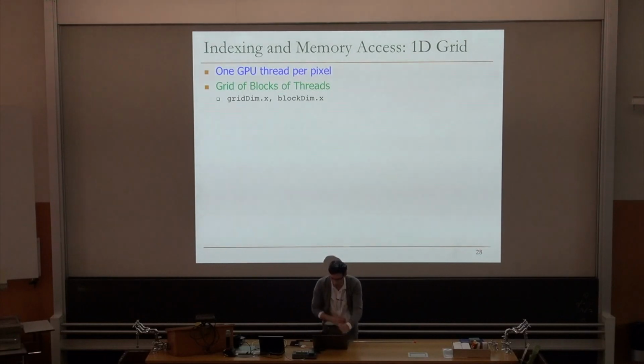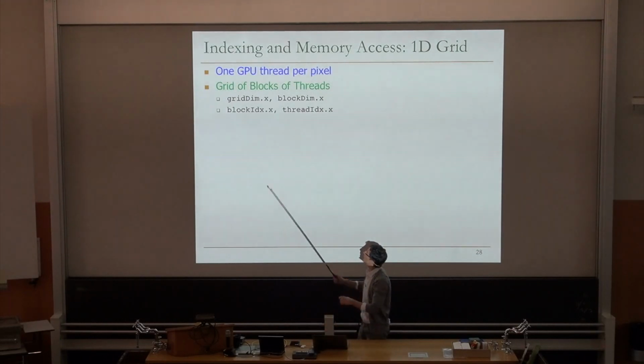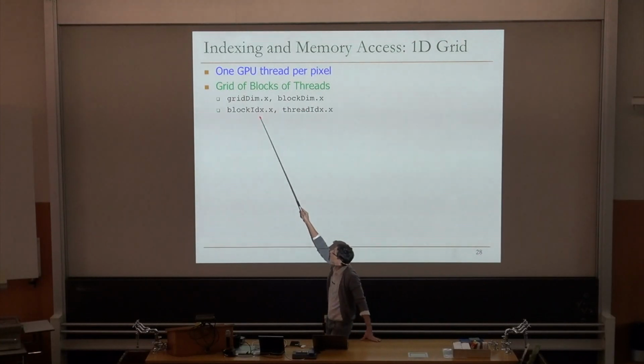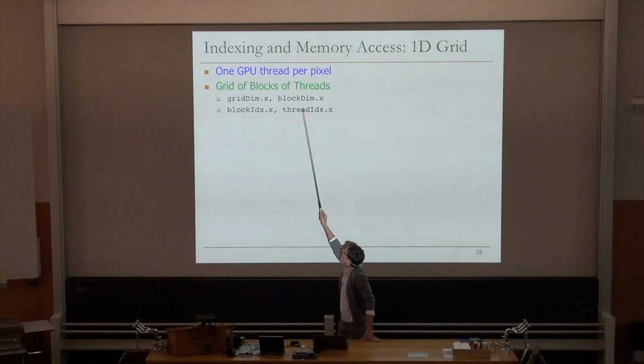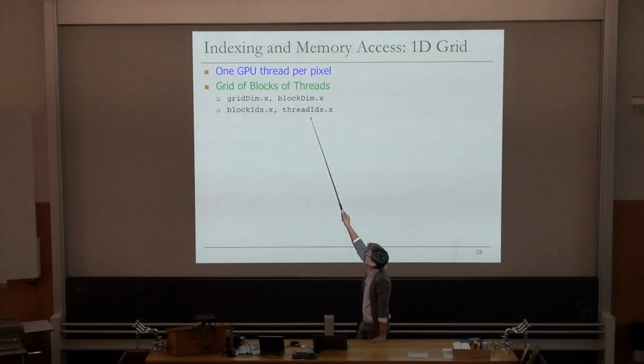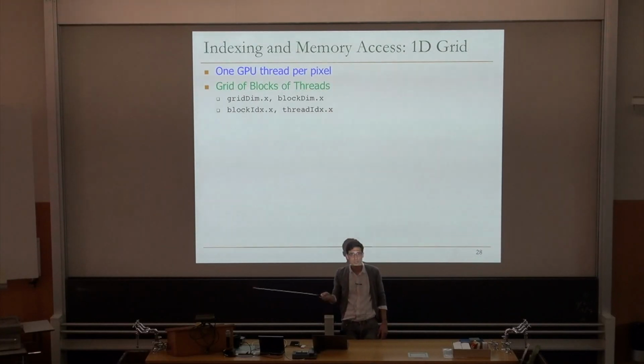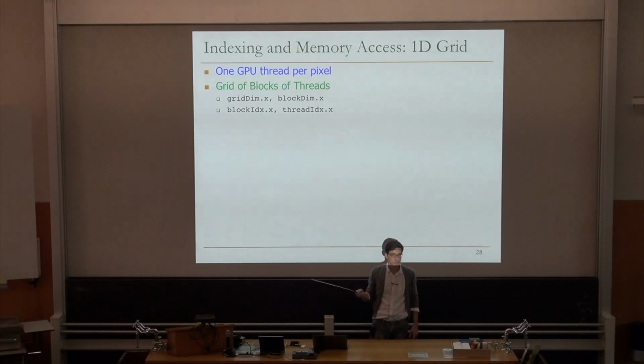In order to be able to identify the specific threads that we want to use, we need to use some built-in variables. And these built-in variables are for the index, but also for the dimension. Observe that this is the block index, blockIdx.x, and this is the threadIdx.x, because it's only x because we are using a one-dimensional array.